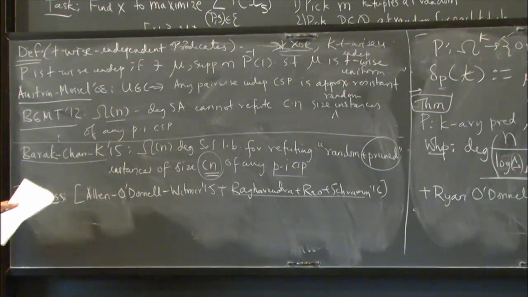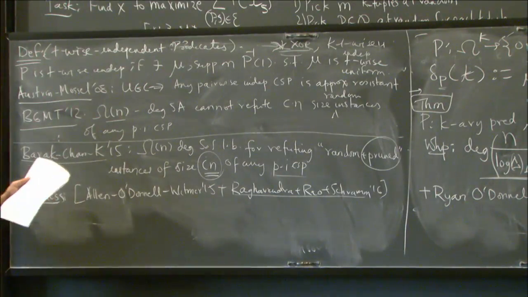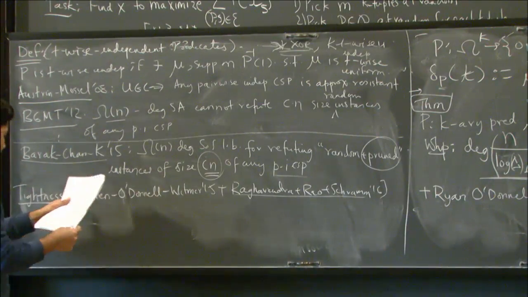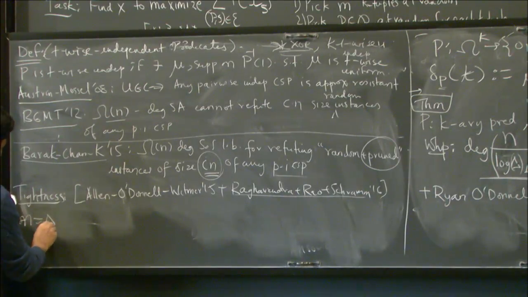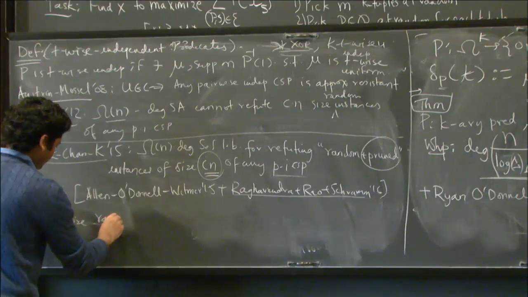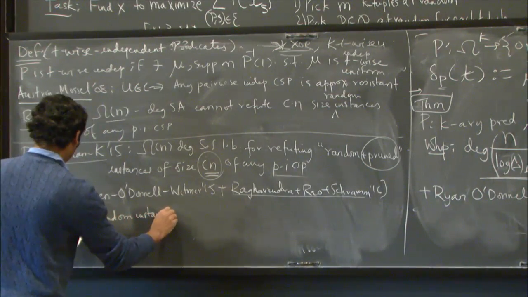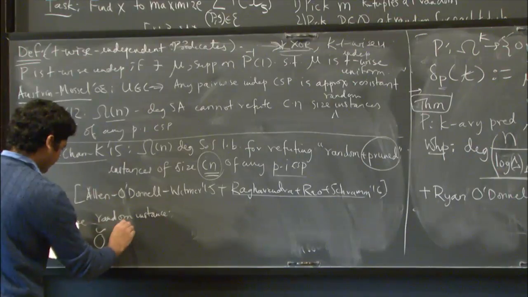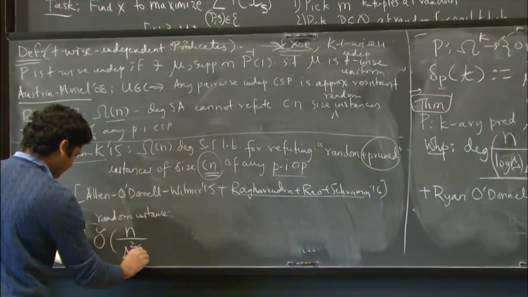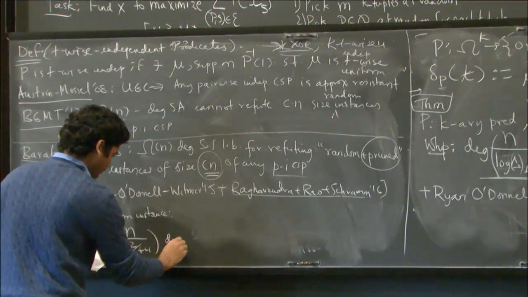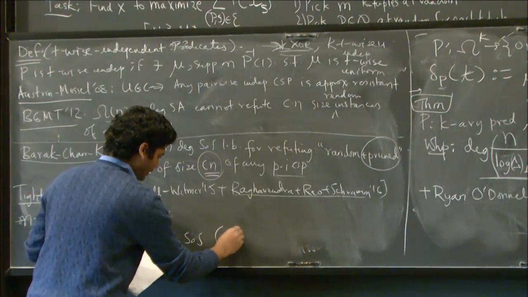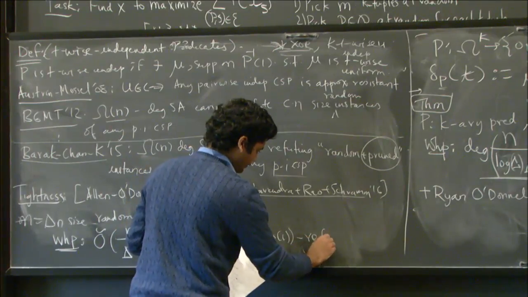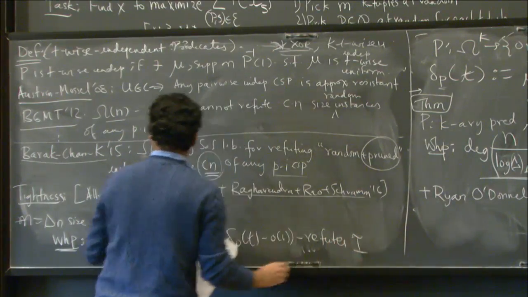They gave an upper bound using higher degree sum of squares for the refutation problem, and what they show is that if you have m equals delta n size random instance, then with high probability O tilde of n over delta to the t minus 1 degree sum of squares refutes to strength delta p of t minus small o of 1.